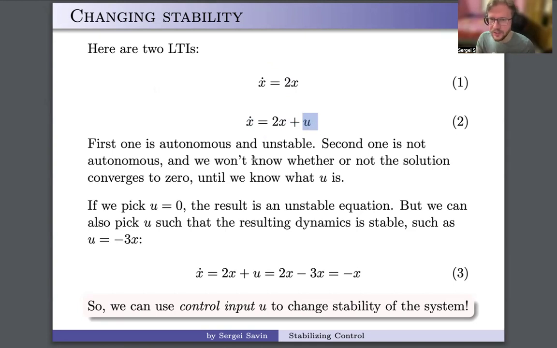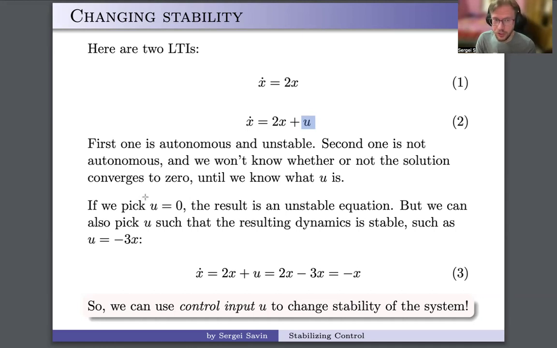And with that, we cannot say if it is going to be stable or unstable, if the solutions are going to converge to 0 or not, because we don't know what u is. Now, we can decide what u is. We can decide how we pick u if u is a control input. So let us just assume that u is a control input, something that is within our decision to choose.